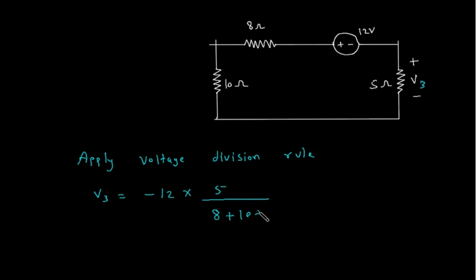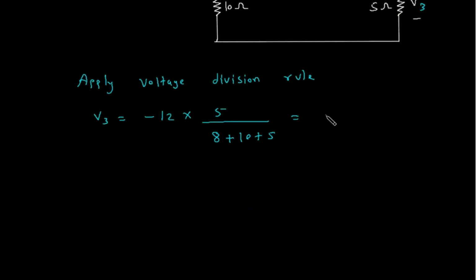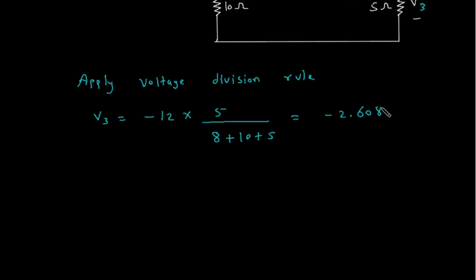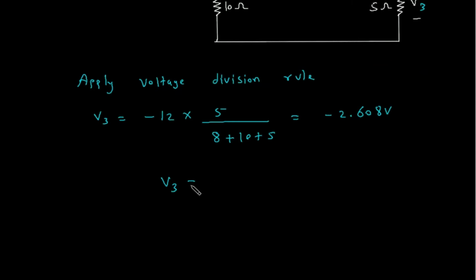So this is equal to minus 12 into 5 by 8 plus 10 plus 5, which is minus 2.608 volt. So therefore V3 is equal to minus 2.608 volt.